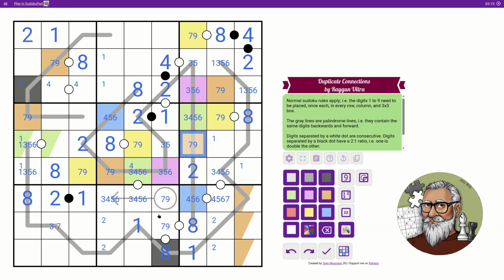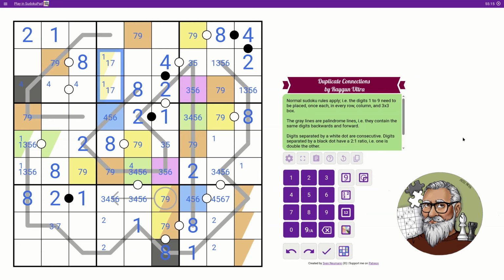Right. I still don't know which is which though. Fine. Just to be clear, none of those are orange, so that is orange. 7, 9. One of these are yellow.